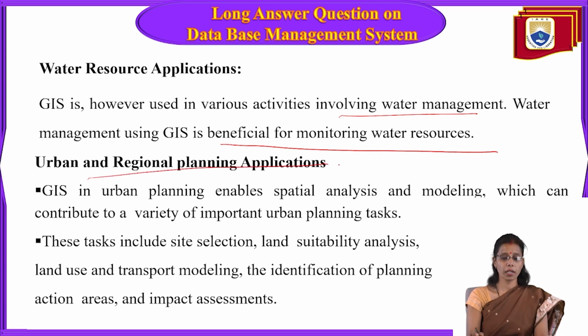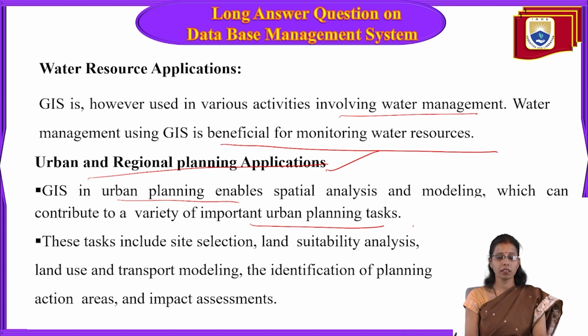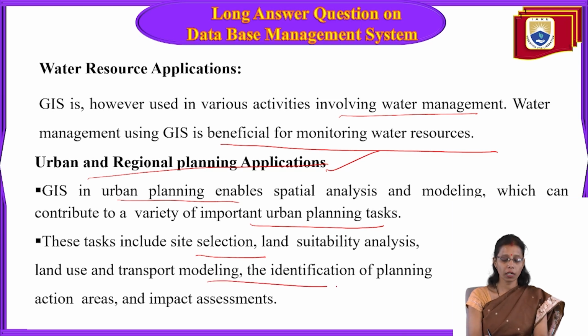Now, urban and regional planning applications: how is GIS helpful in urban and regional planning? GIS in urban planning enables spatial analysis and modeling, which can contribute to a variety of important urban planning tasks. These tasks include site selection, land suitability analysis, land use, transport modeling, identification of planning action areas, and impact assessments.